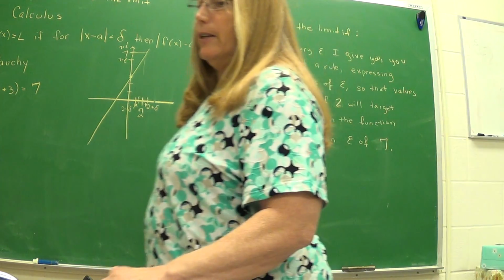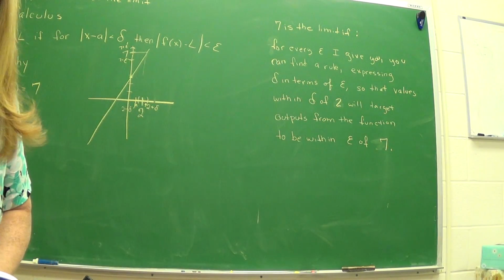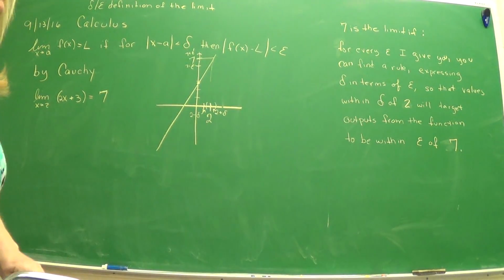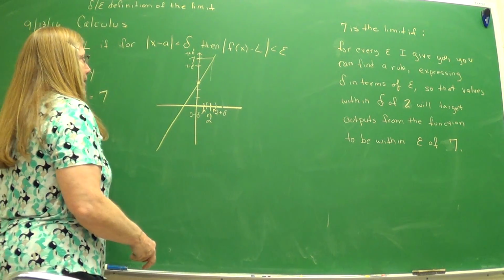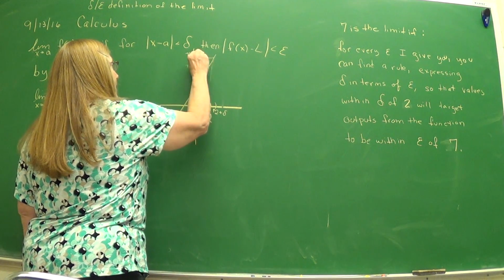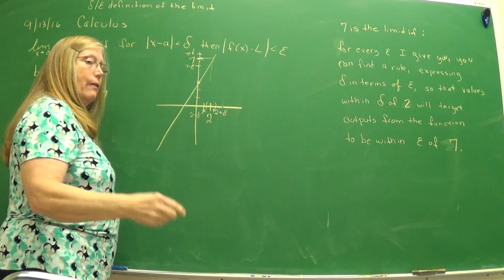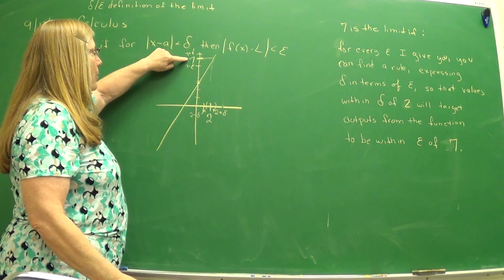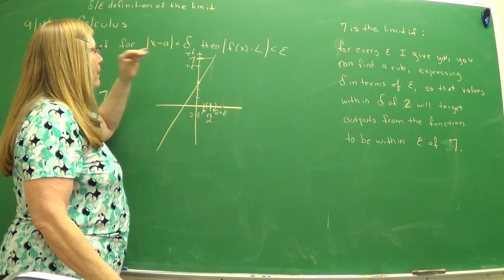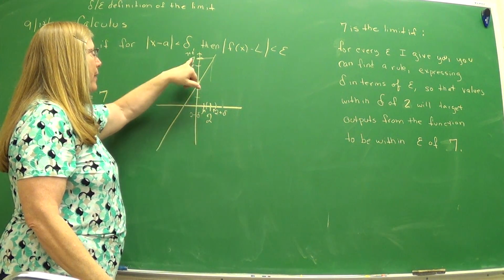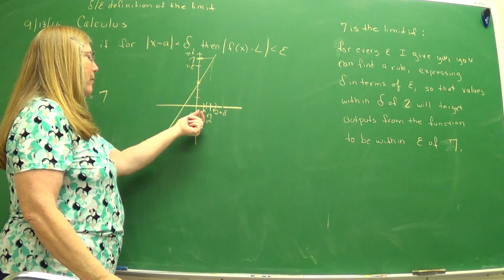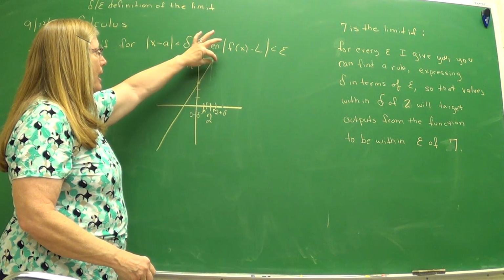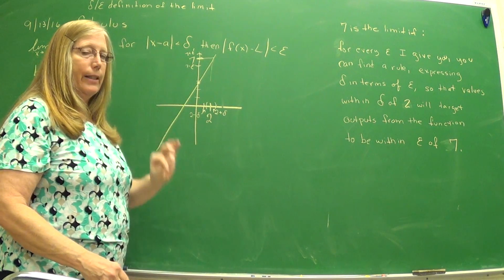So, back over here to the picture. Maybe those words will clarify the picture, maybe the picture will clarify the words. So once again, 7 is the limit. If I give you an epsilon, no matter how small I give it to you, and you know that you can find a delta, which is some function of epsilon, that when you go to the left and right, delta of 2, it will guarantee that you are within epsilon of 7.